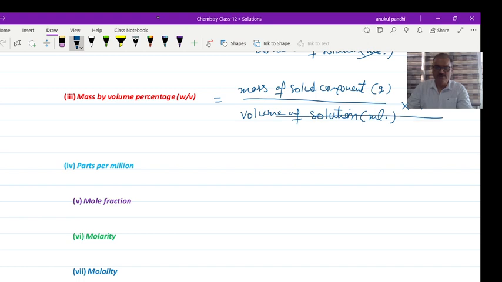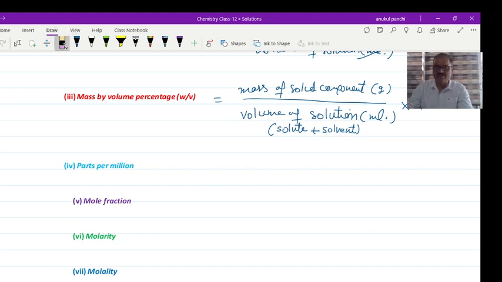And solution means solute plus solvent. So when you have mixed a solid component into a liquid component, the solution should be liquid.